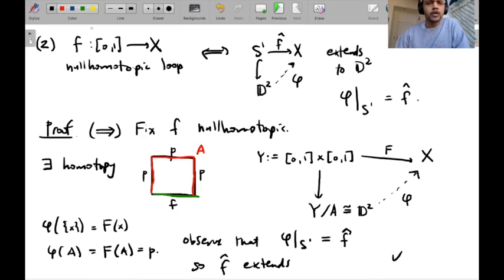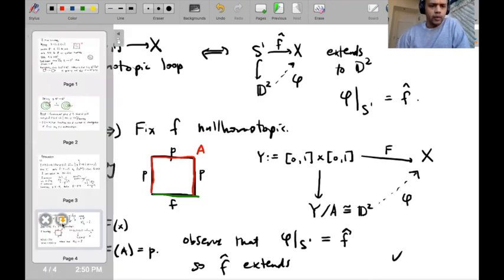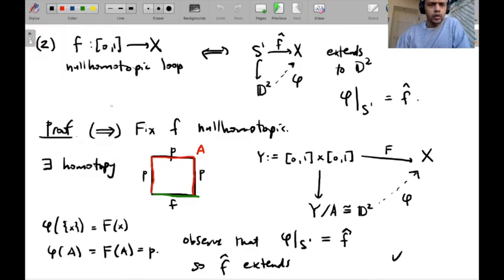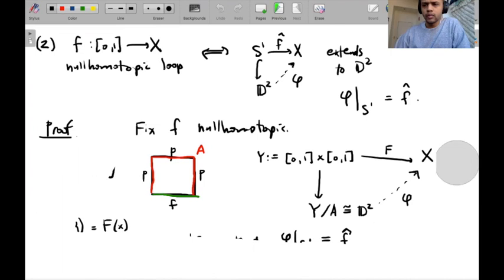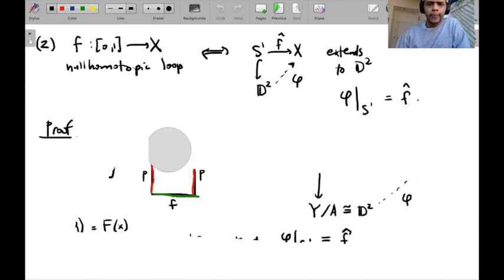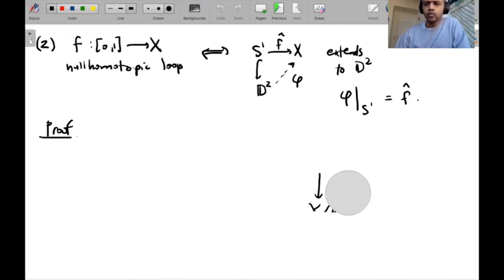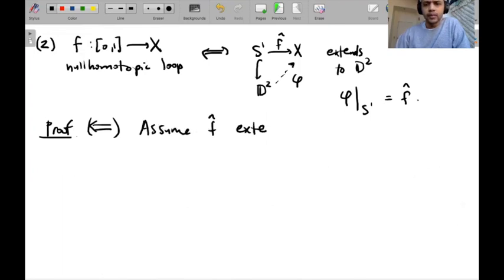All right, so now let's do the other direction. Maybe let me just erase this. So now let's suppose, so assume F hat extends, as in this diagram here.